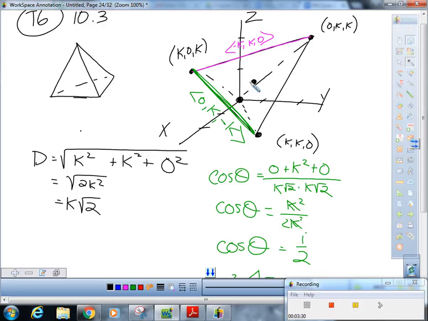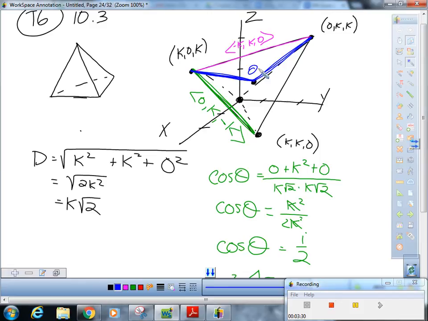They want the angle between that and the line segments from the centroid to two vertices. I don't understand. Are they talking about this angle right there? Do you agree?